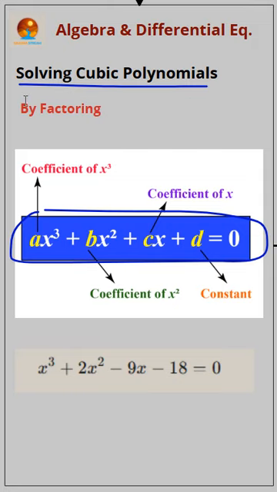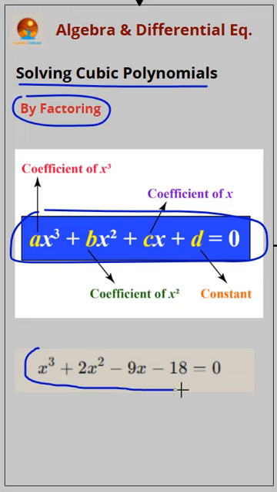There are different ways to solve a cubic polynomial, but today we will study just factoring. How can we solve cubic polynomials by factoring? Here we have an example of a cubic polynomial: x to the power of 3 plus 2x squared minus 9x minus 18 equals 0.